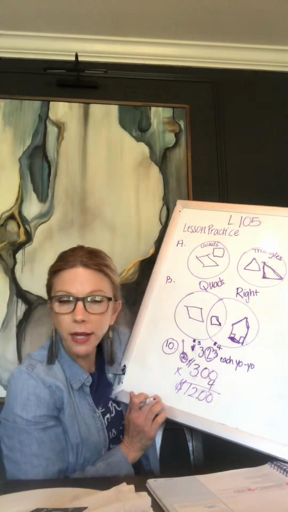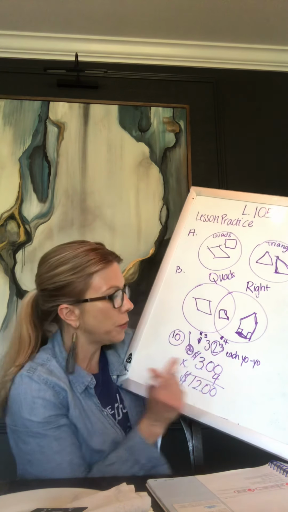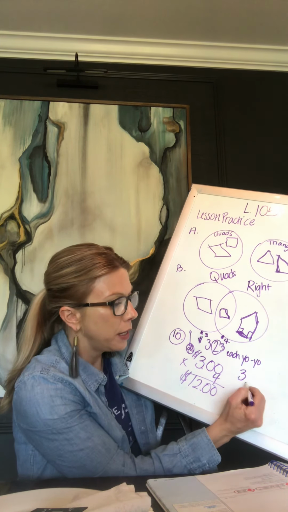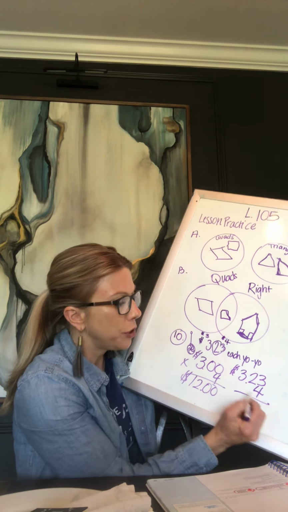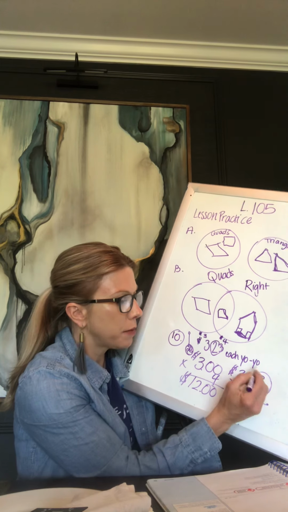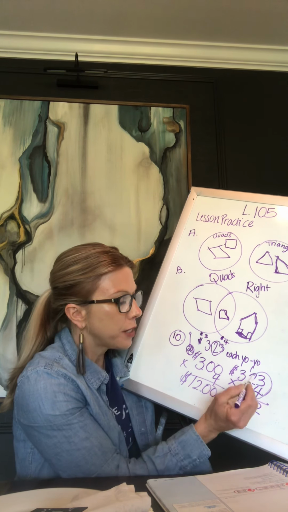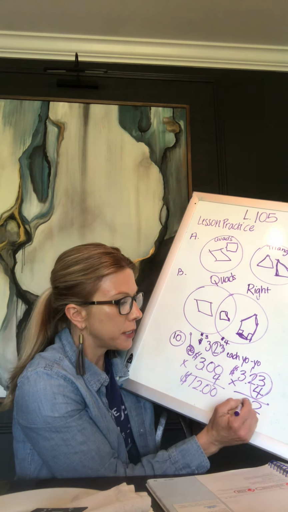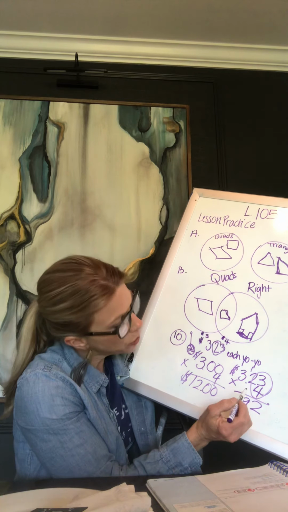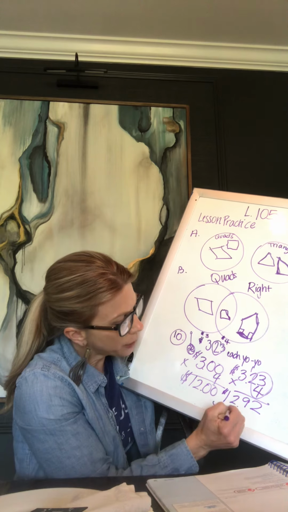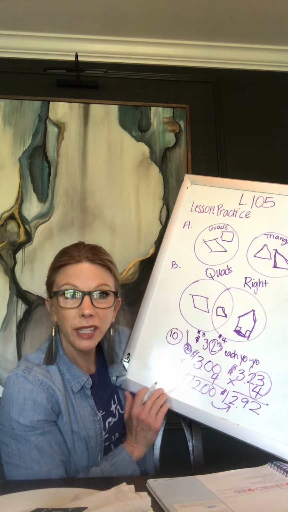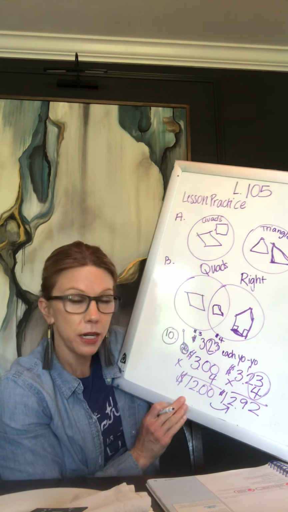Is his estimate less than he needs or more than he needs? Well, if we do the actual math, and we say $3.23 times 4, we'll use our lasso method. Say 4 times 3 is 12, 4 times 2 is 8, plus 1 more is 9, 4 times 3 is 12, okay? This is how much he actually needed, $12.92, and he estimated it to be $12.